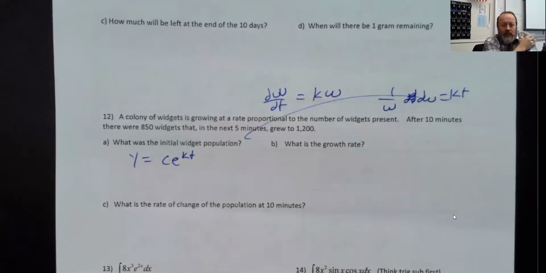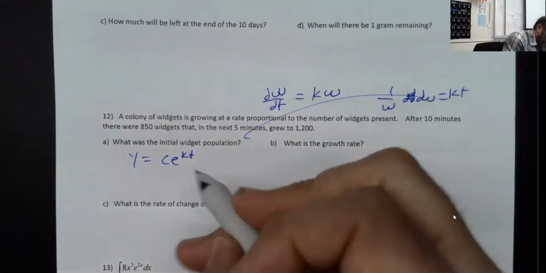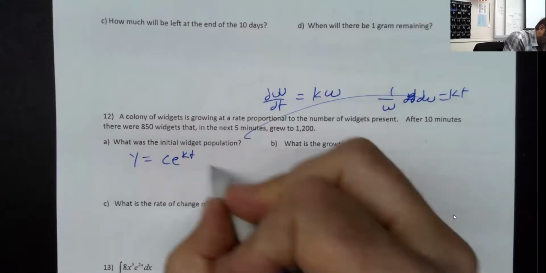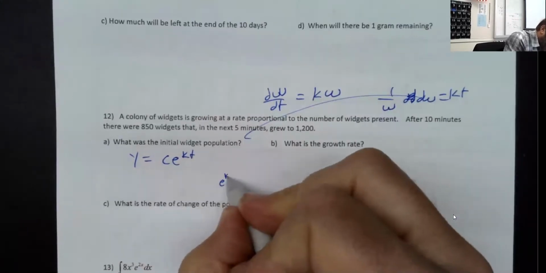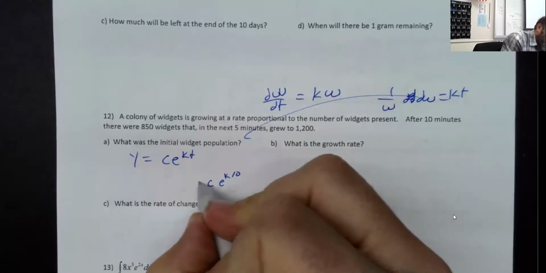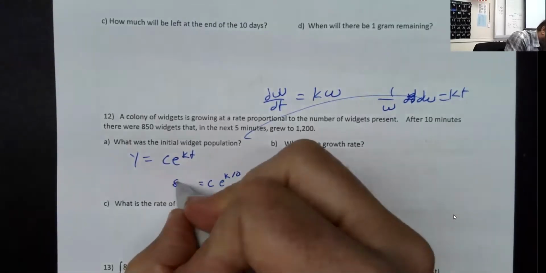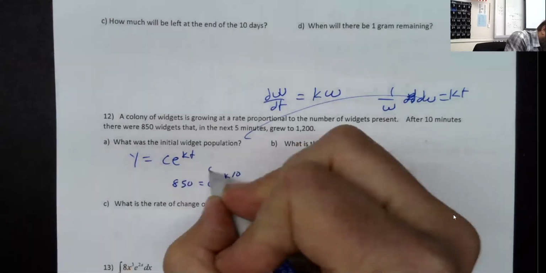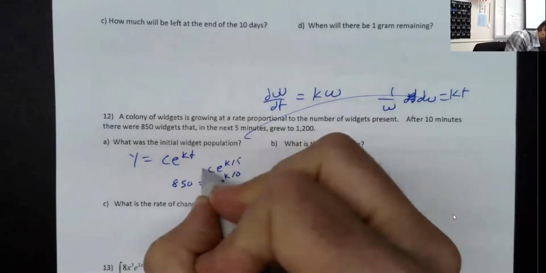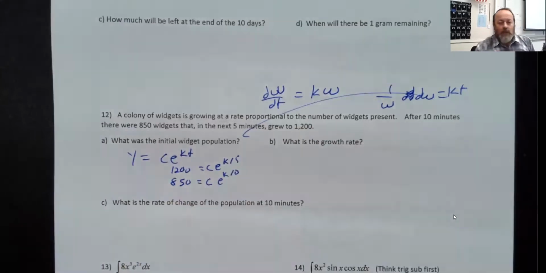But what it has in that whole story is after 10 minutes, there were 850 widgets. So what I know is after 10 minutes, so it's 10, Ce to the k times 10, there was a total of 850 widgets. It says 5 minutes later, which would be 15, it had grown to 1,200 widgets. So what I would personally do is just divide down.